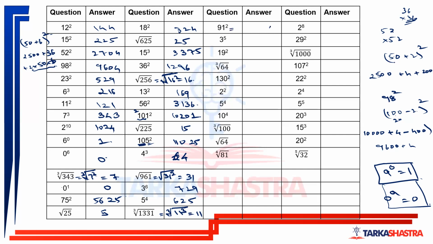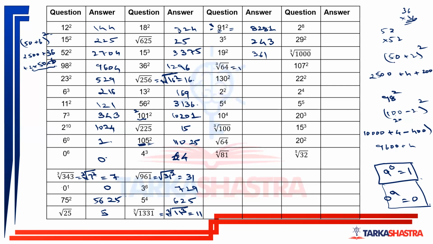Then 91 square: 1 square is 1, 9 multiplied by 2 is 18, we get 1 carry. 9 square is 81 plus 1, 82. Then 3 raised to 5 is 243. 19 square is 361, already calculated.